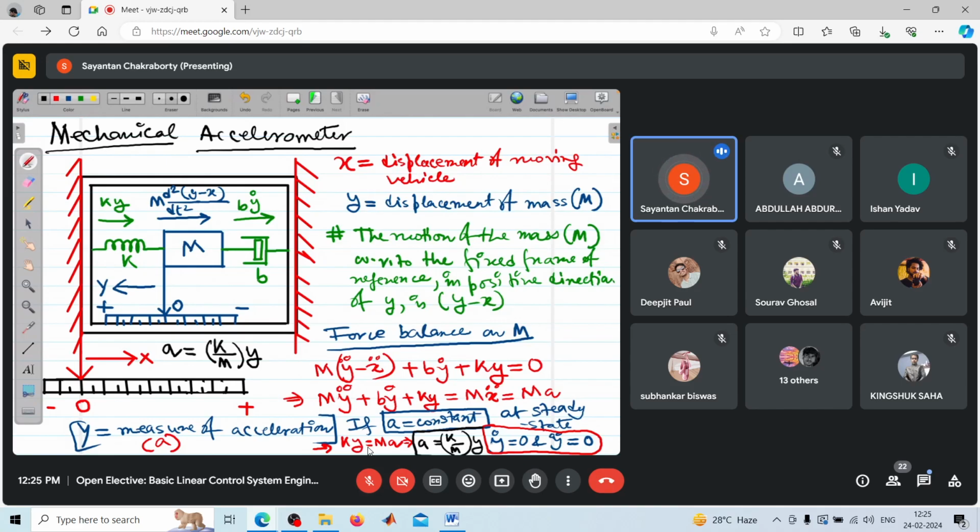There will be no further motion of this mass because the spring has achieved its required amount of force. So it will be static, and that deflection, say y0, will be a measure of the acceleration via this transformation. Since k and m are constants, you can directly measure the value of acceleration using this mechanical accelerometer.